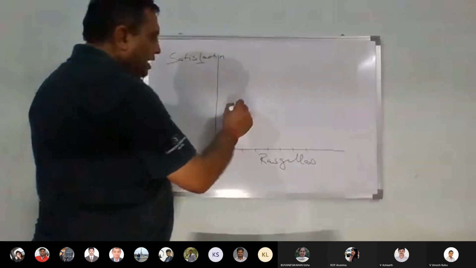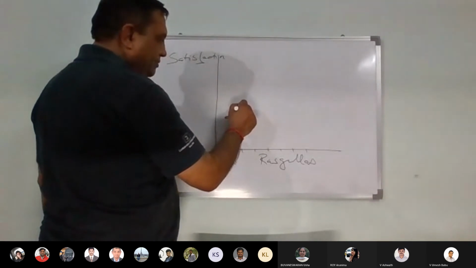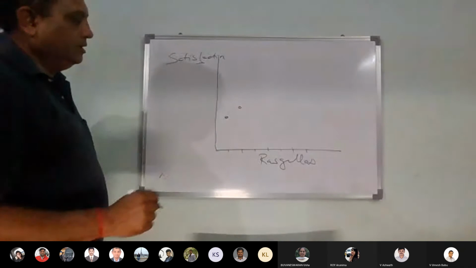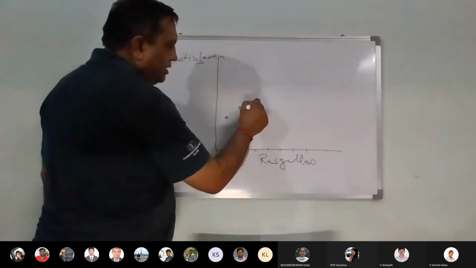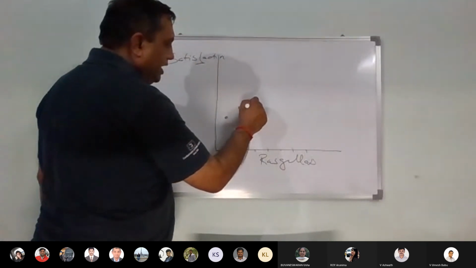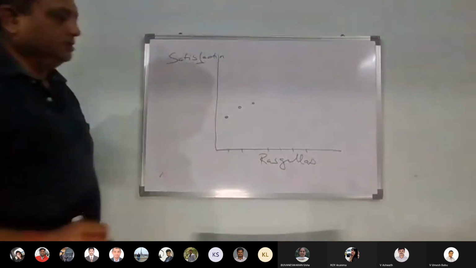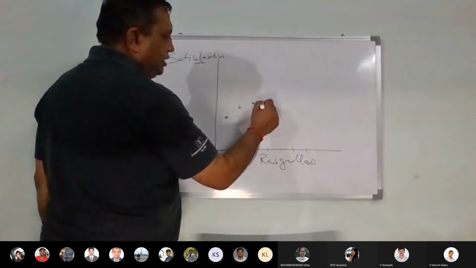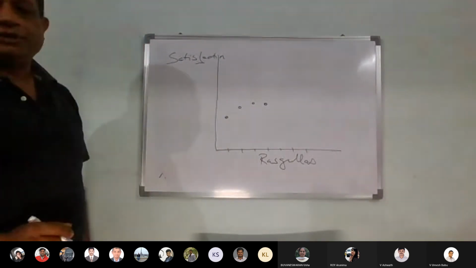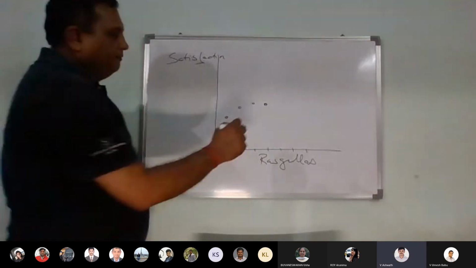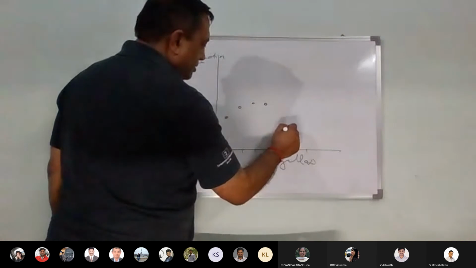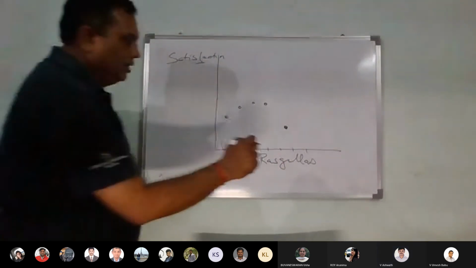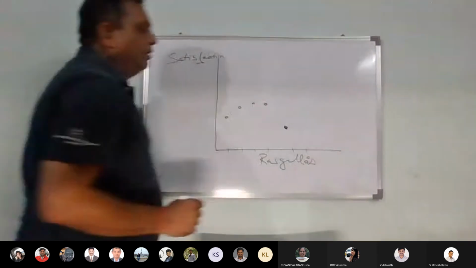The second rasgulla gives you additional satisfaction, but not as much as the first one. The third rasgulla gives you some more satisfaction, but not as much as the first or the second. The fourth rasgulla is actually not giving you any additional satisfaction. The fifth rasgulla, you are now getting a stomachache. And the sixth rasgulla, you are looking for the washroom.